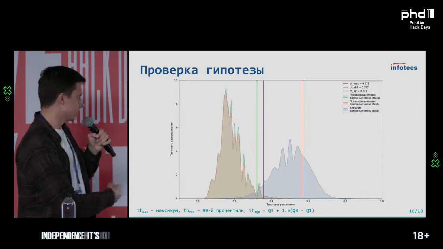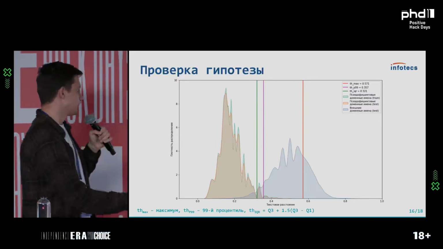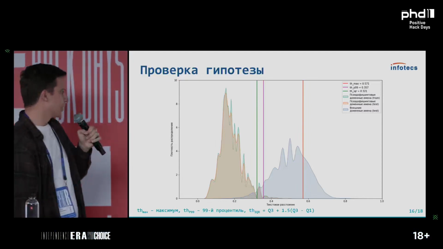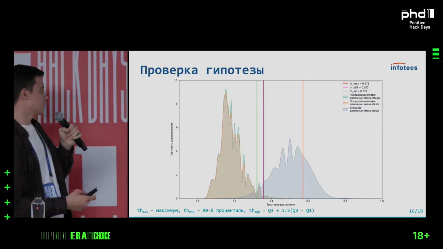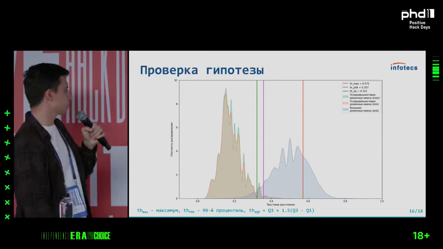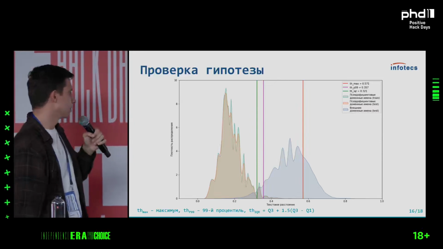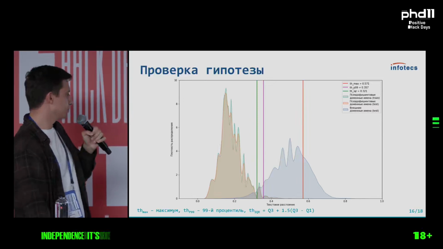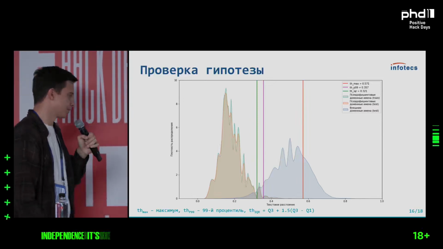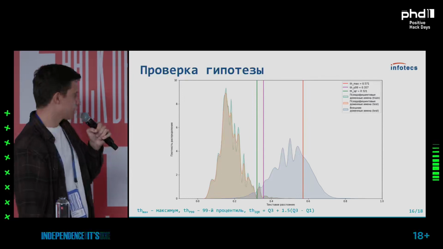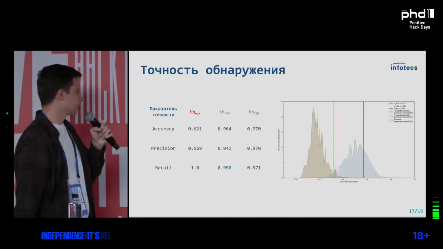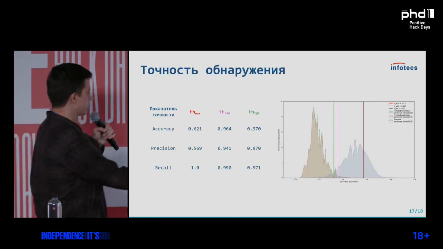And let's add our test domains here. My phishing domains, and the distributions are very discrete. If the threshold is too high, then recall is 1 and precision is low, and the two others are more balanced.